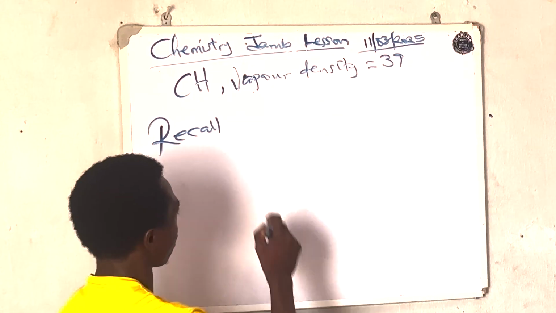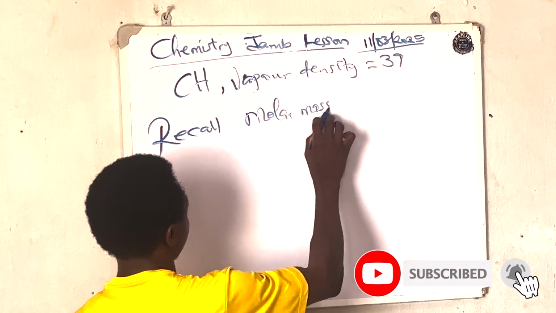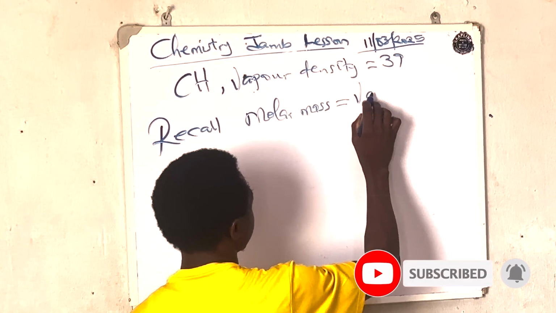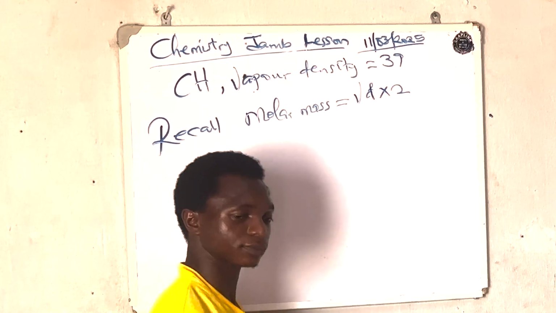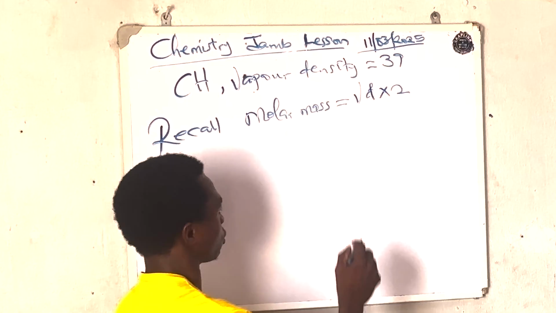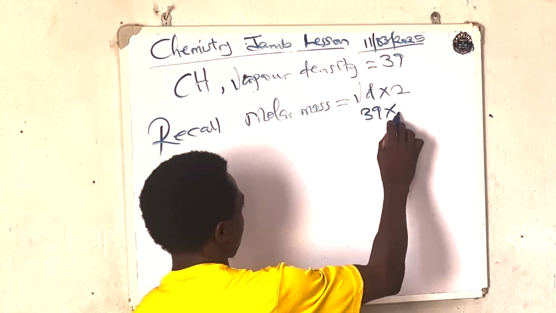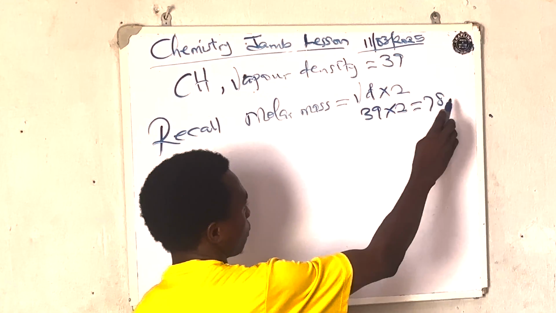Recall that your molar mass is equal to vapor density times 2. So if the vapor density is given as 39, we are going to have 39 times 2, which gives us 78 grams.